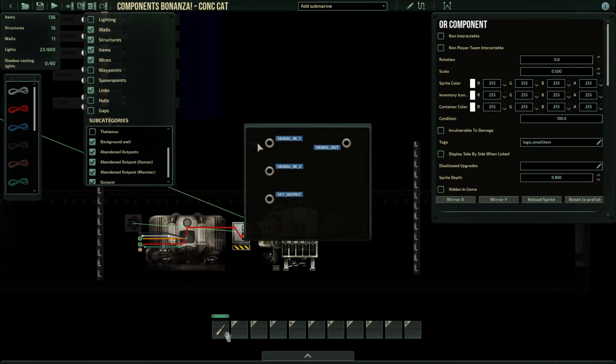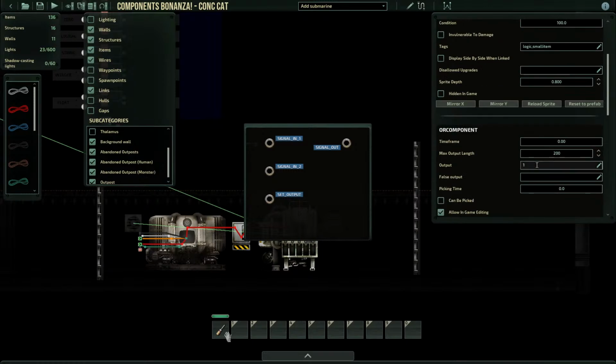If one or the other or both are evaluated as true, the true condition is satisfied and the true condition output is broadcast from this port. You can define the true condition output here and the false condition output over here, in-game or in the editor.